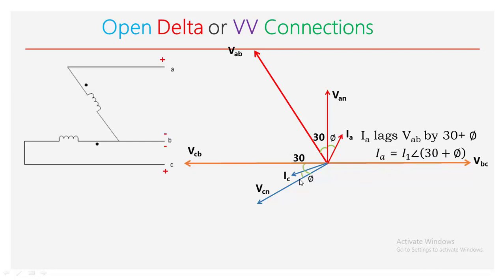The angle between phase and line voltage is 30 degrees. The angle between phase voltage and phase current is phi. Hence we can tell that IC leads by an angle of 30 minus phi with respect to VCB. Hence IC is written as I1 at an angle of 30 minus phi. The sign is reversed because the power factor is leading.